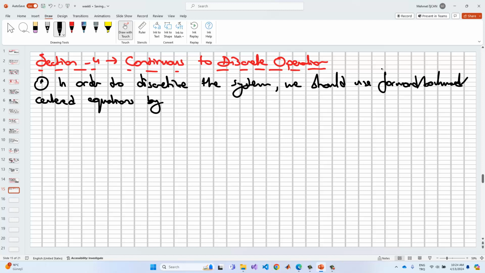This is summarized as the Euler discretization in the literature.